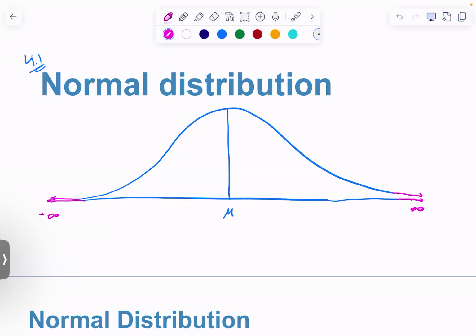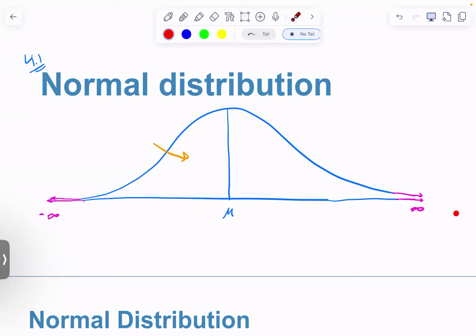Now here's where it gets extra mind-boggling. The total area under the curve is 1. It is exactly the same as the probability of the sample space being 1, right? If I consider all my possible options from negative infinity to positive infinity.